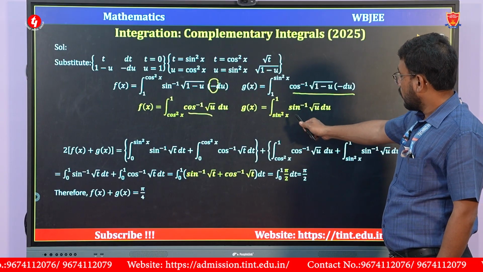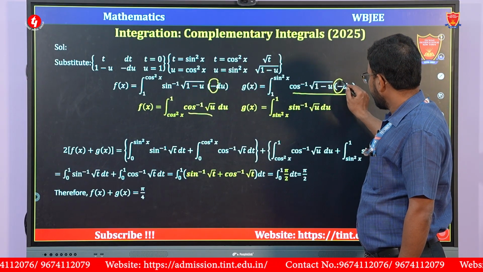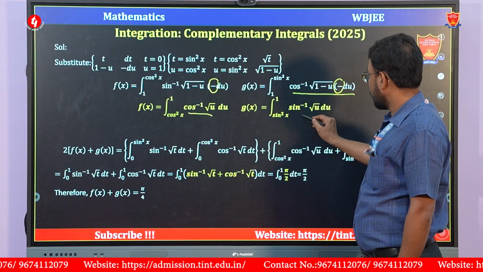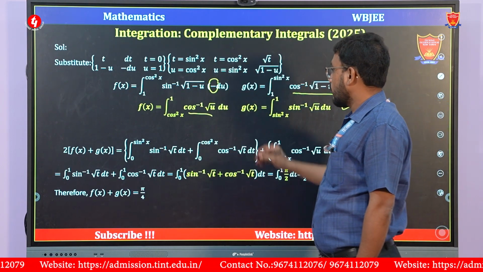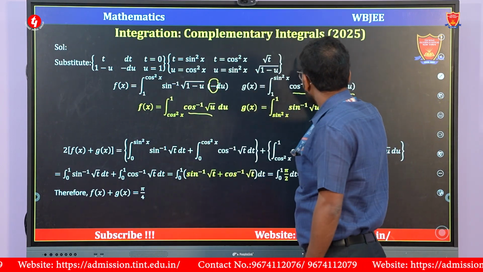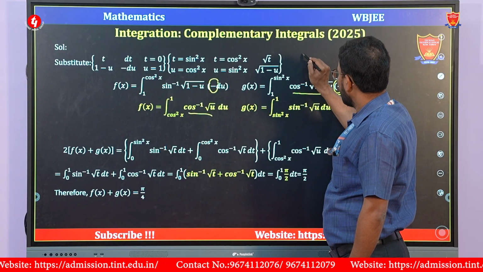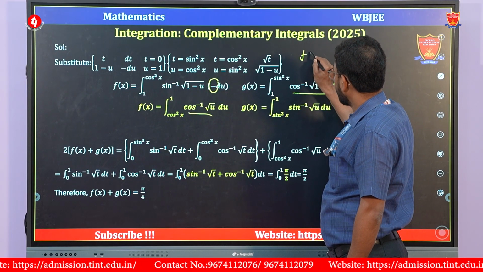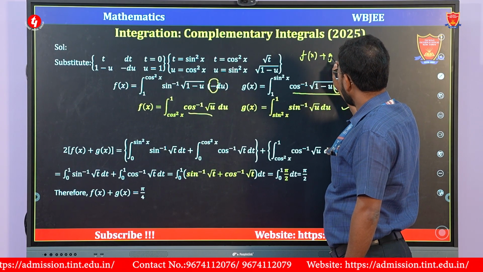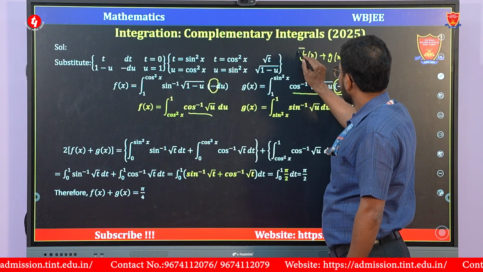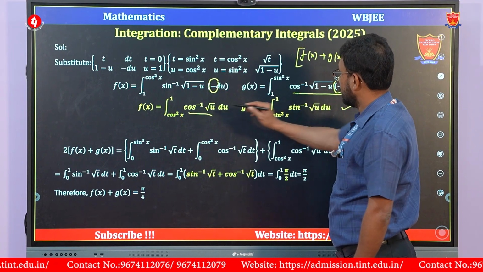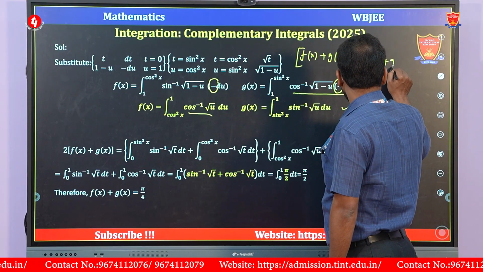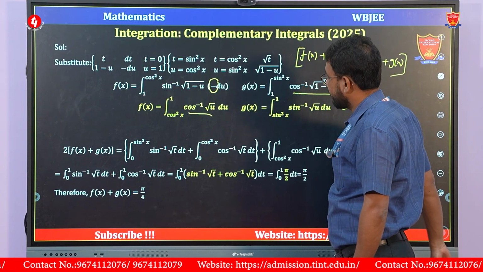So, again negative, interchange this, sin square x to 1 of sin inverse root u du, fine. So, now adding these two, that is we add your given problem f of x plus g of x.